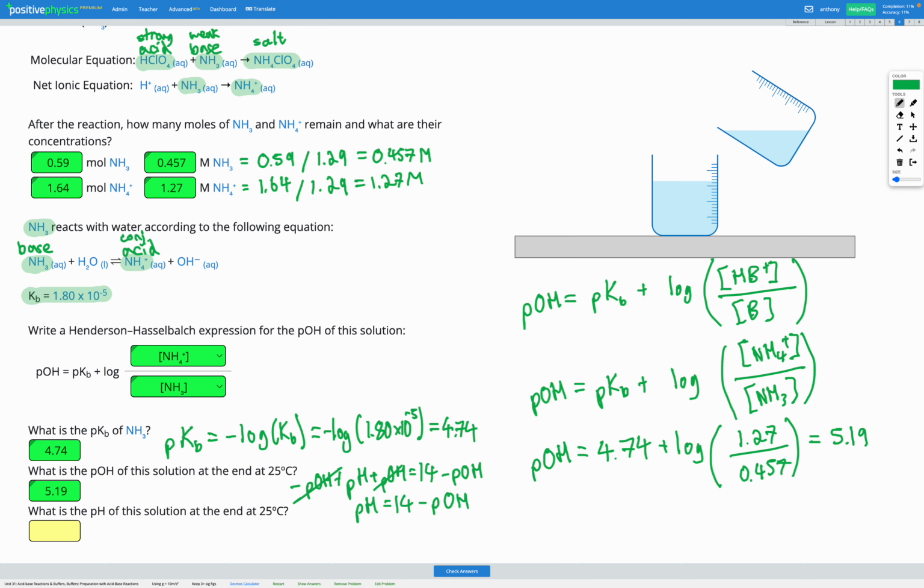So we can go ahead and put in our numbers. pH is equal to 14 minus the pOH we just calculated, which was 5.19. That gets us a pH of 8.81. So we can go ahead and fill that in here.